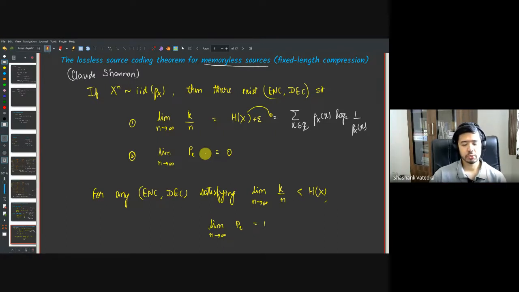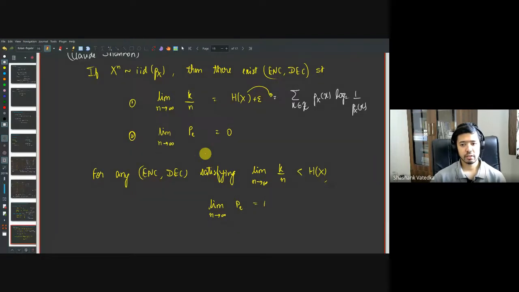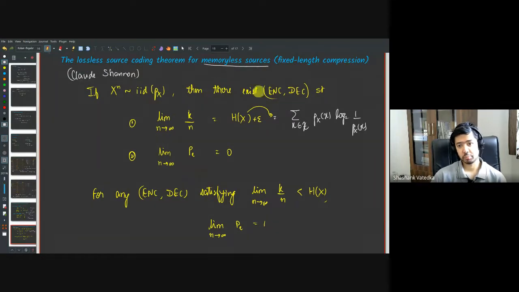But there's also a second part to the lossless source coding theorem. It says that it's possible to construct compression algorithms for which the asymptotic rate is close to the entropy. But then the natural question which comes up is, is it at all possible to compress at a rate below the entropy? And what Shannon showed was that no, it is not possible.